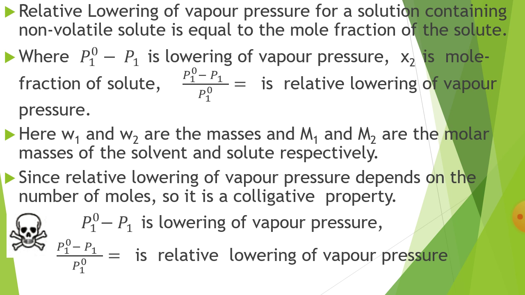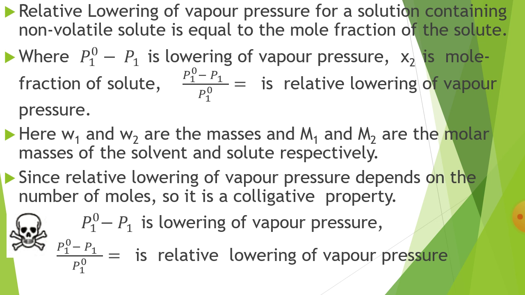Lowering is related to the pure component, that's why this is called relative lowering of vapor pressure. Here W1 and W2 are the masses, and M1 and M2 are the molar masses of solvent and solute, 1 for solvent, 2 for solute respectively.